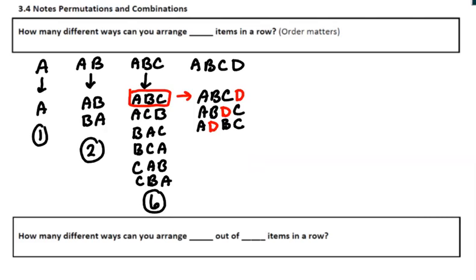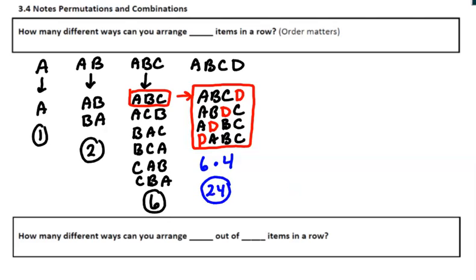Or I could put the D first, then A, B, C. So for just that one order of A, B, C, there are 4 different places I could include D. So for each of these 6 orders of A, B, C, I could put D in 4 different places. So I'm going to have 6 times 4 arrangements of 4 letters, or 24 arrangements for 4 letters. Okay, so 24.